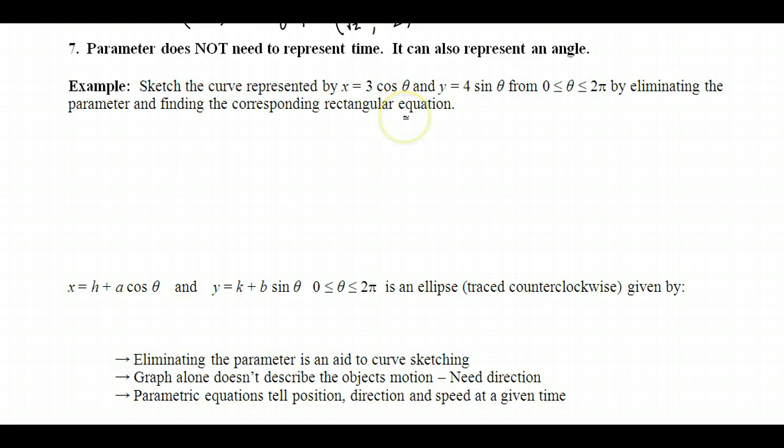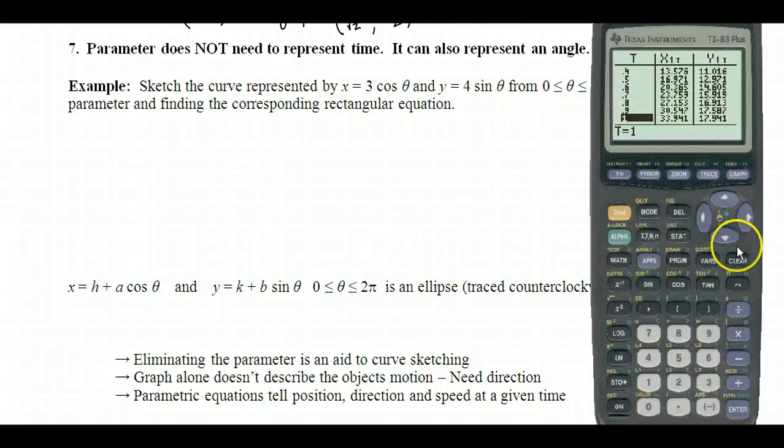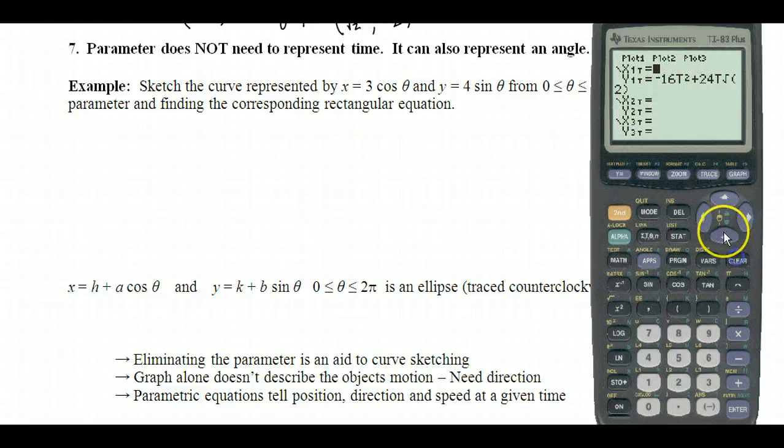Well, we could use our calculators right now and graph this. And if you do choose to use your calculator, which you'll still have to show your equation later, you have to make sure when you're graphing your trig functions that your mode is in radians. We're still obviously in parametric mode. And then we can adjust our x and y.